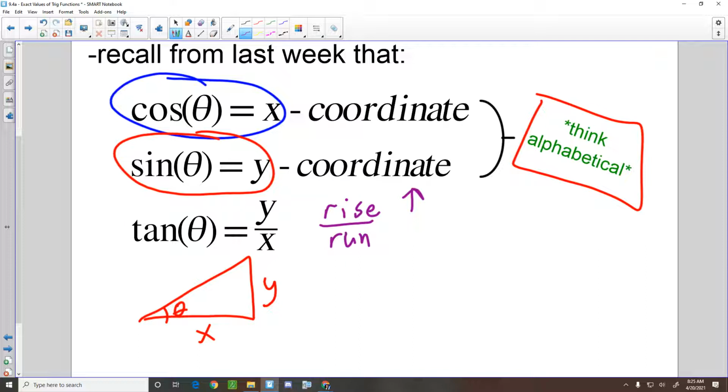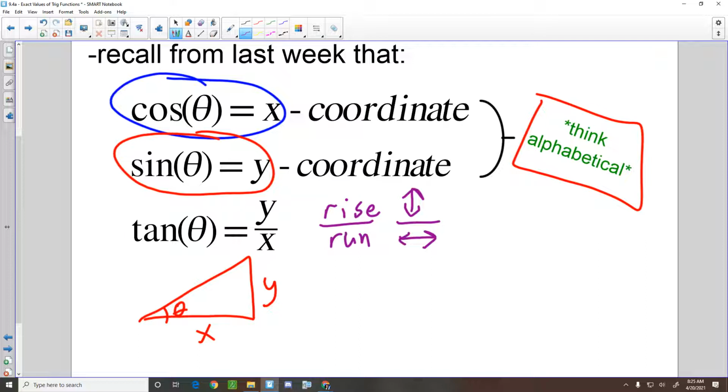The y-coordinate is up and down. The run, well, that's your left and right. When you run horizontally along the ground. And so that's your x-coordinate. So that's just another way that I always keep straight which of the coordinates goes on top in the numerator and which is in the denominator for tangent. So I kind of just think of rise over run. Even though it's got nothing to do with slope, it still kind of helps out in this case.